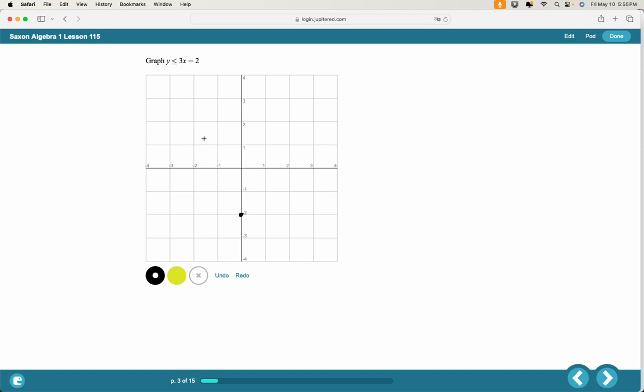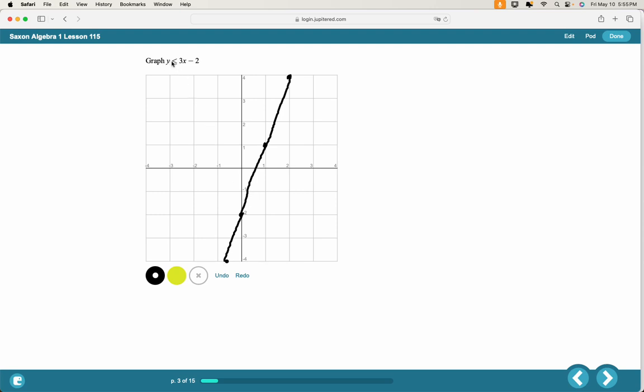So it means up 3 over 1, up 3 over 1, which is going to be something like this, and then to here. And then if there was another dot, it'd be right about here, so that would cross about here, right? So I'm going to come right to there.